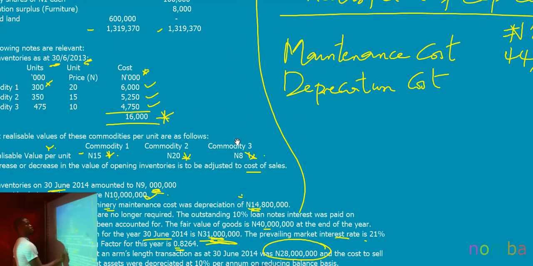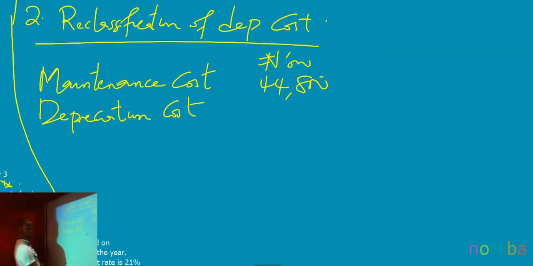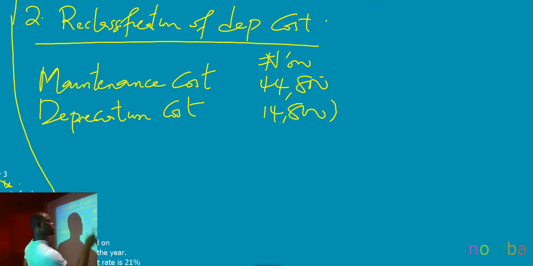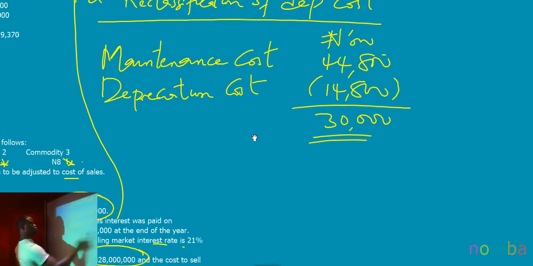The depreciation cost I'm removing from it is 14,800. So what I'll be left with is 30,000. That is what I will recognize for maintenance cost, 30,000. So let's go back to our note.